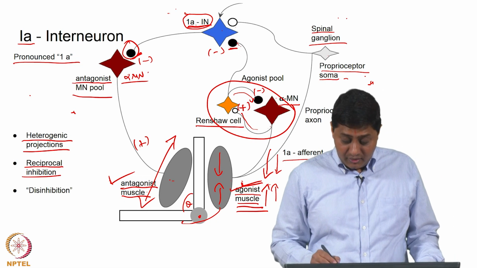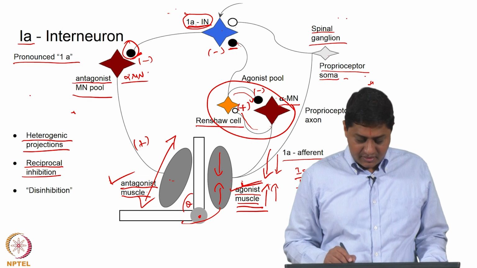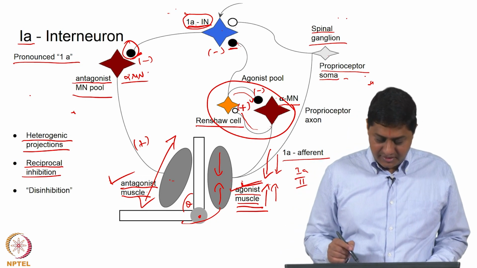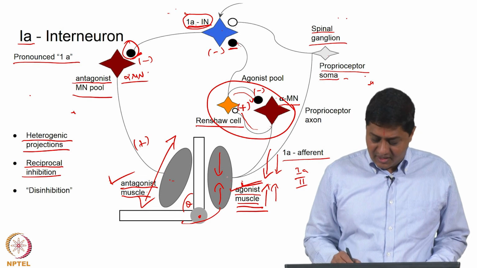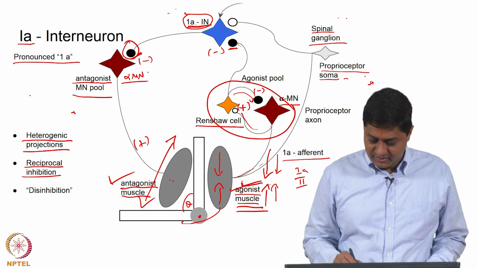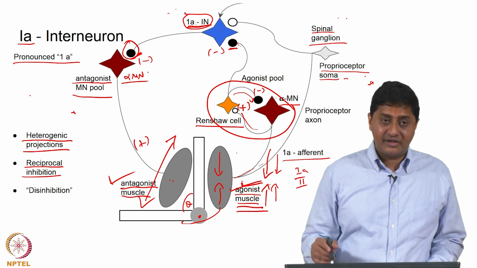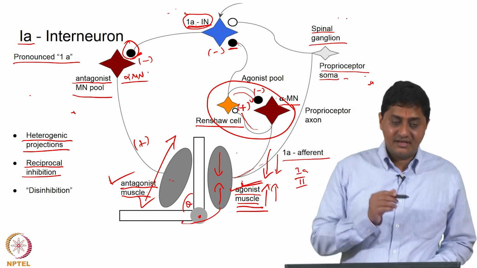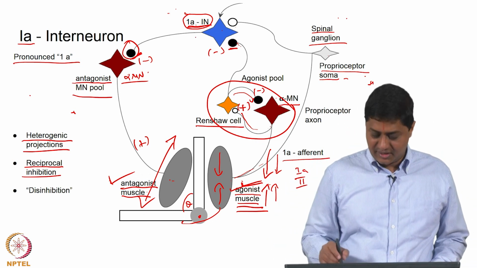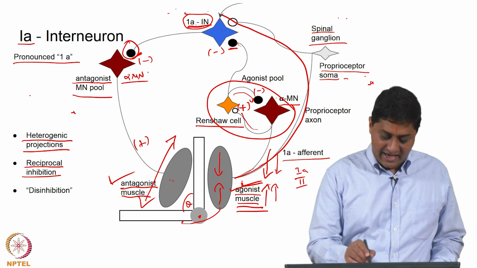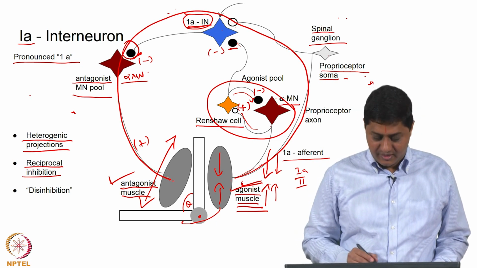Second, the antagonist muscle contracts, that causes a stretching of this muscle, the agonist muscle, which inhibits the contraction of the antagonist through the 1A interneuron, that is that loop, is it not? That is the bigger loop.